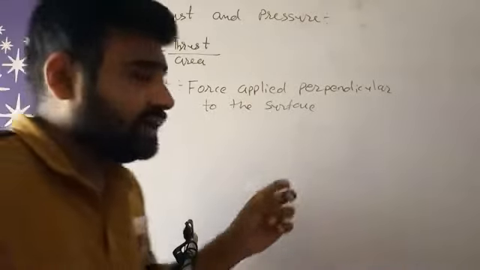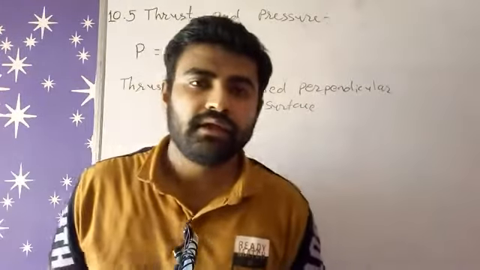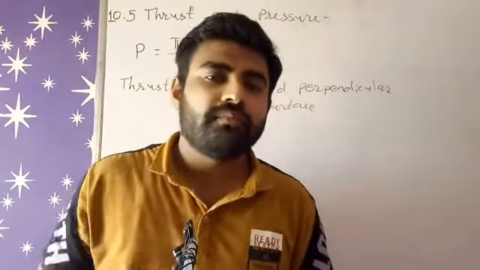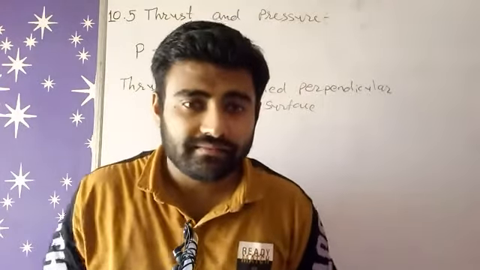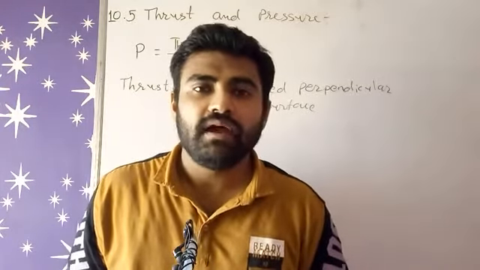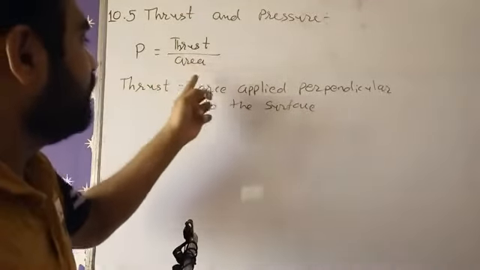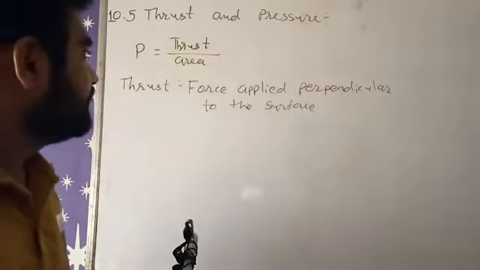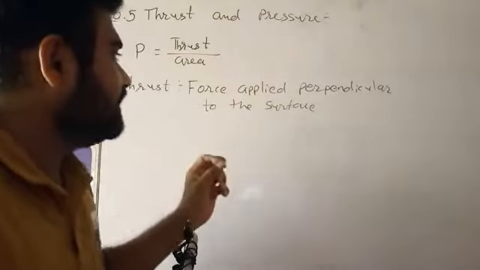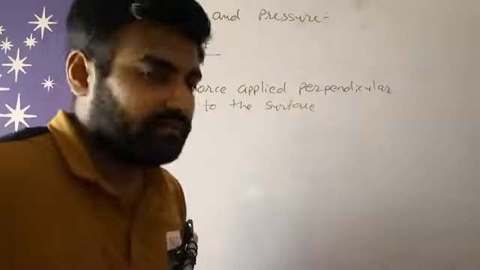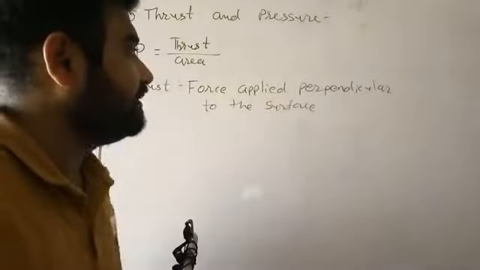Second example of that, nail hammering, right? So if you are giving a push by your thumb, it gets injured because of that. Why? Because the area is so small, and when the area is so small, pressure will be higher. But by hammering, we are not pushing by our thumb, we are just using the hammer.